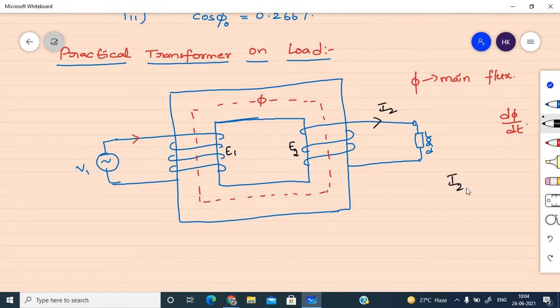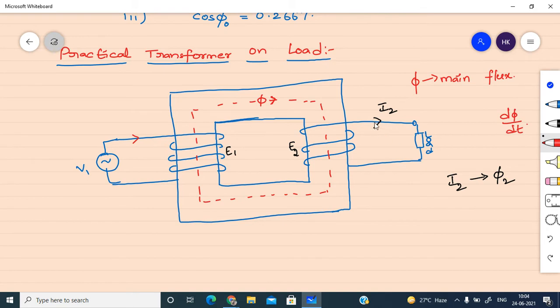So due to this I2 current, a flux phi 2 will be produced. Assume the flux produced due to this current is phi 2, and that flux phi 2 will also flow in the core, but that is exactly in opposition to the main flux. This is the direction of phi.